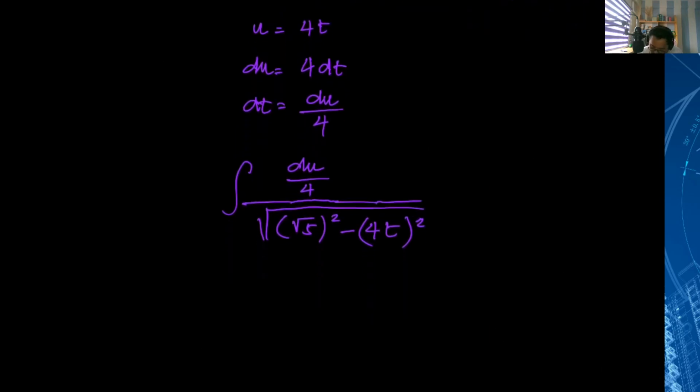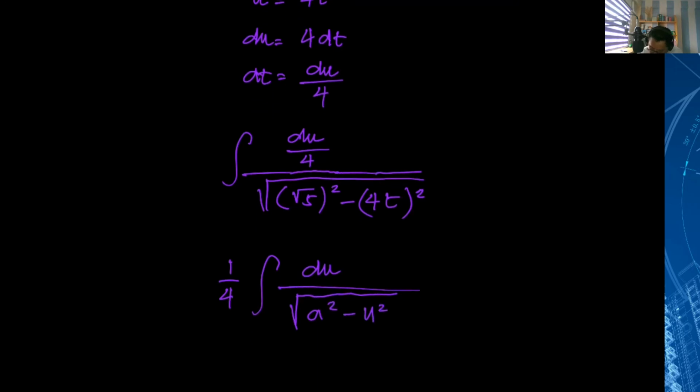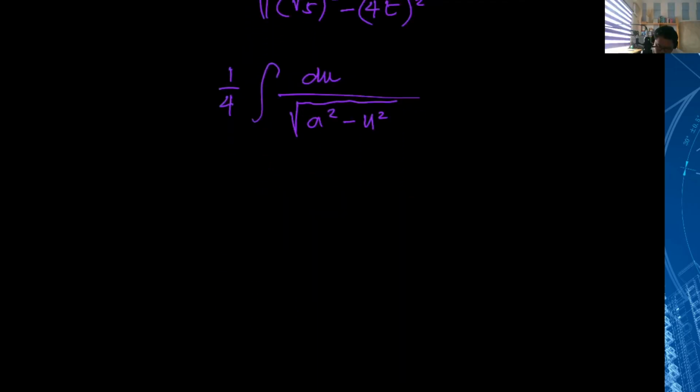So for further simplification, we can factor out 4. So this becomes 1/4 the integral of du over the square root of a squared minus u squared. So therefore we can now use our formula for integration.